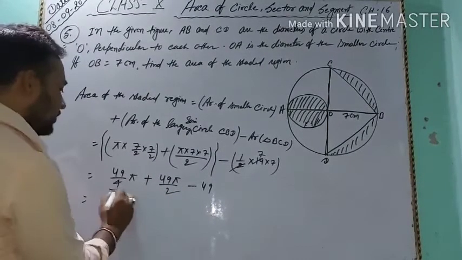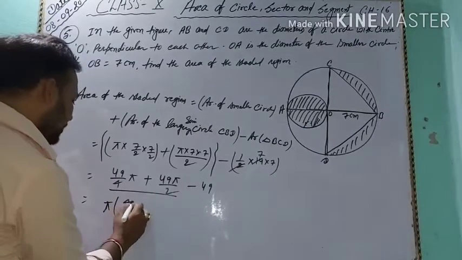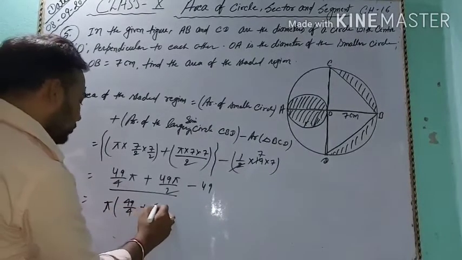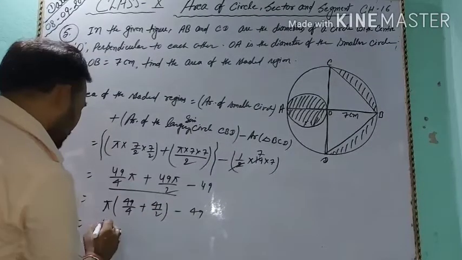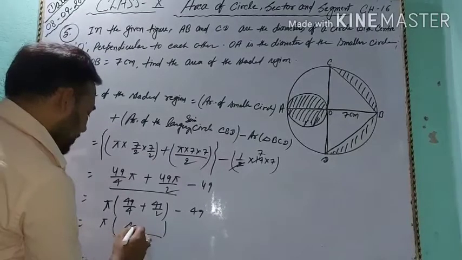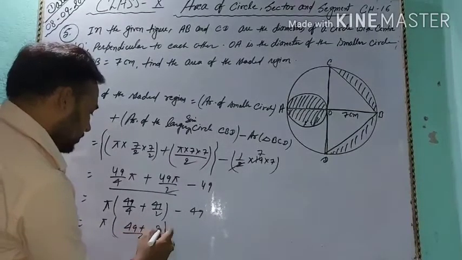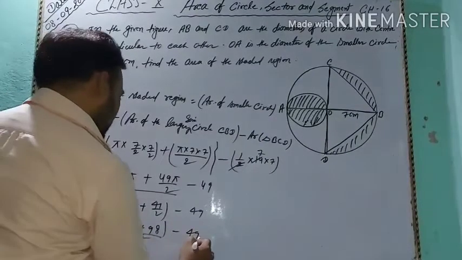So students, take 49 pi common, that is 49 by 4 plus 49 by 2, minus 49. Taking LCM as 4, 49 plus 98 minus 49.